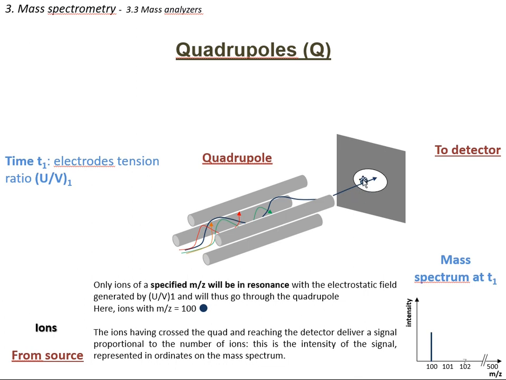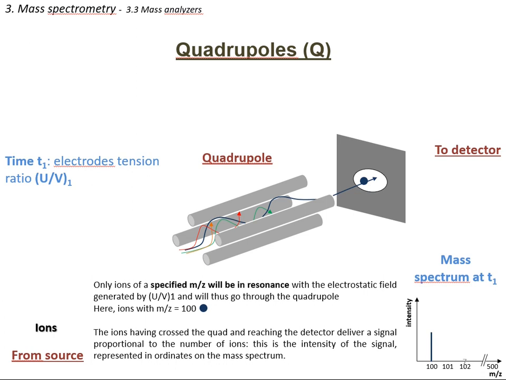So in this case, only the blue ion is making it to the detector, and it will be detected and generate a mass spectrum for the ion that was selected at this time, which here, for the sake of clarity, is supposed to be of an m/z ratio of 100.